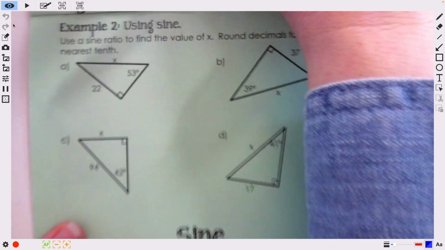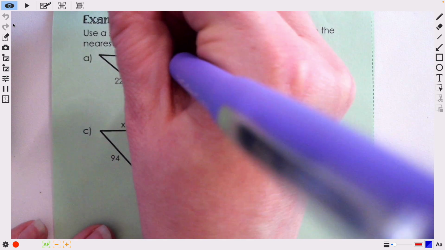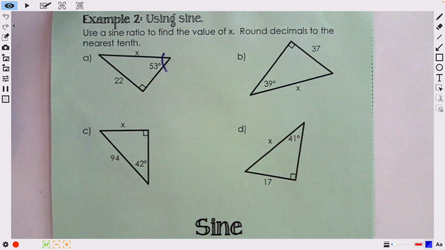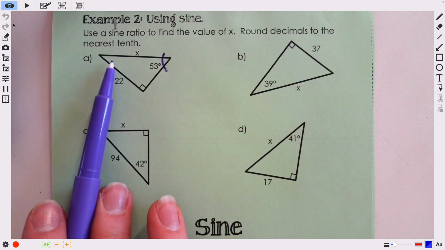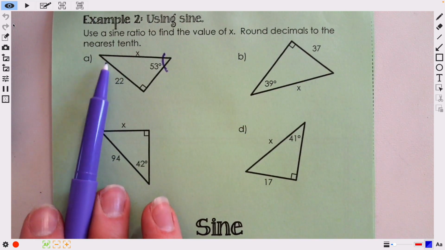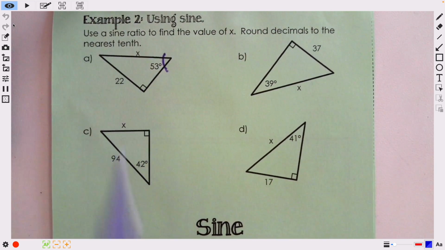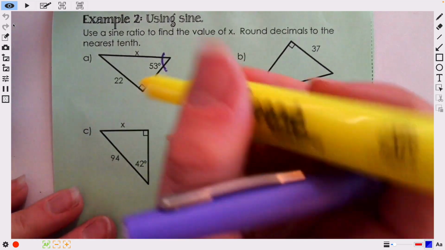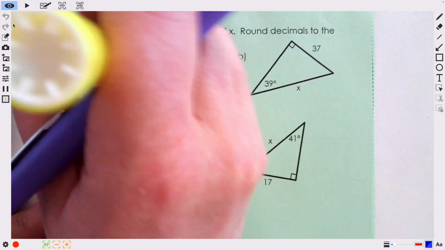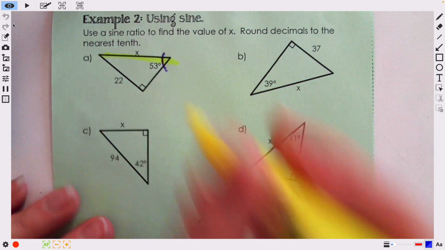So for example, this first problem A, the acute angle they're giving us is this one. Now, could we subtract from 180 and get this one over here and use that one instead? Yes, but just use the one that they give you, okay? So from that angle, you have to be able to recognize, starting this week, that the parts that they're giving you are the hypotenuse.